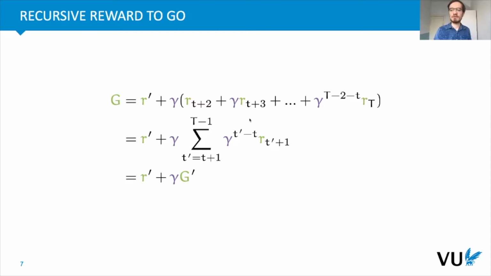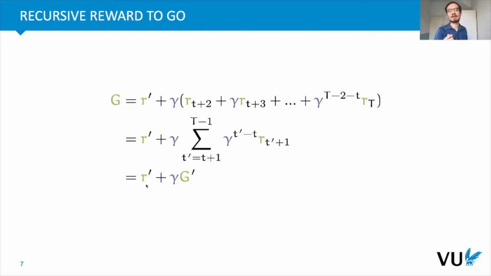So again, we see this very familiar term right here. This term is actually precisely equal to the discounted reward in the next time step. So this might be a lot of terms, but if you look at it with a lot of patience, you can clearly see that it's really easy to rewrite this discounted reward to go using itself.